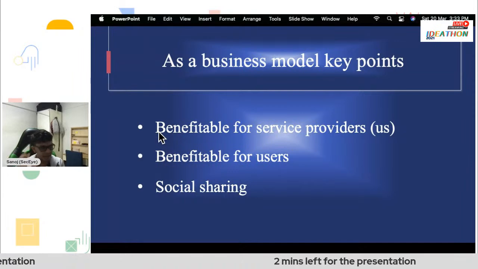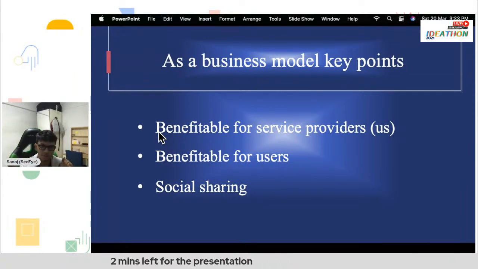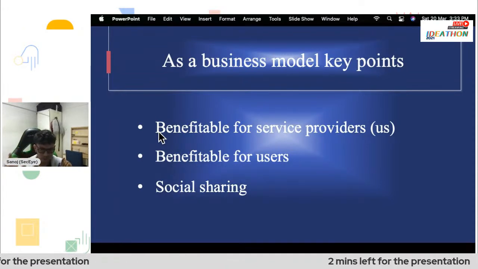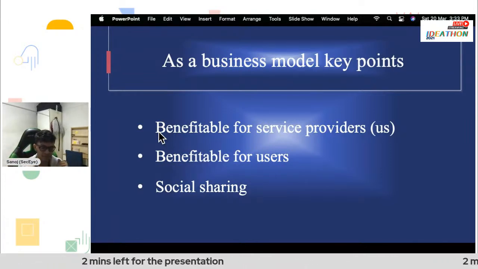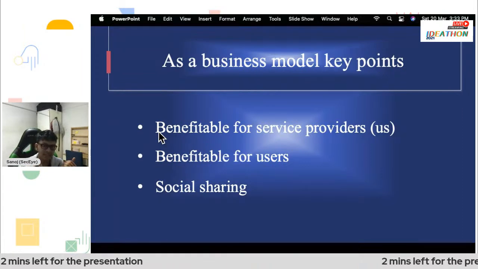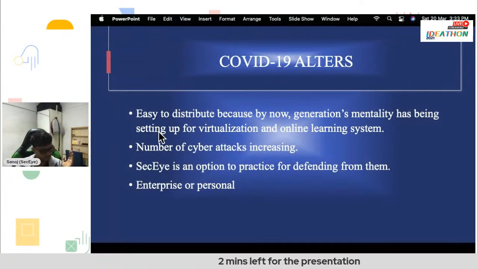So if anyone finds an exploit, they can talk about it on this platform, talk about it online. At the same time, if the exploit is launched in the CVE model or another model, they can put it inside this platform and let other people use it for their experience. That's the main thing.